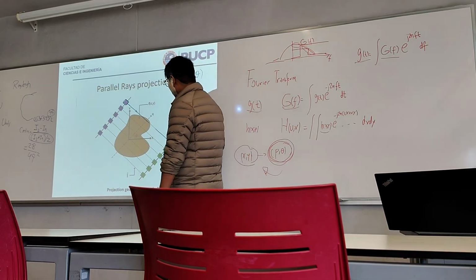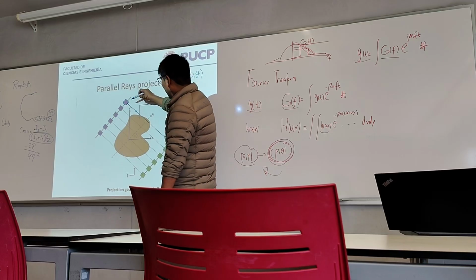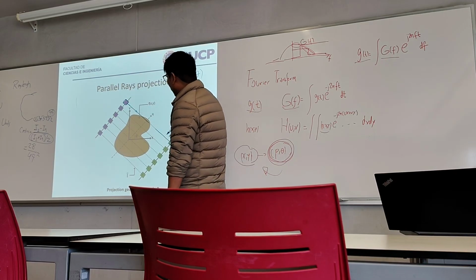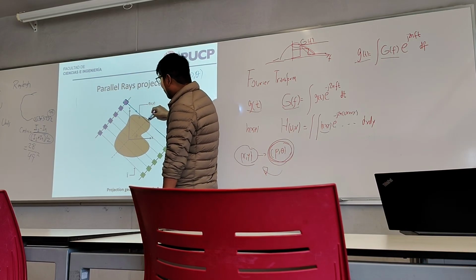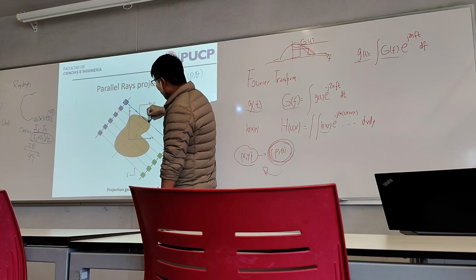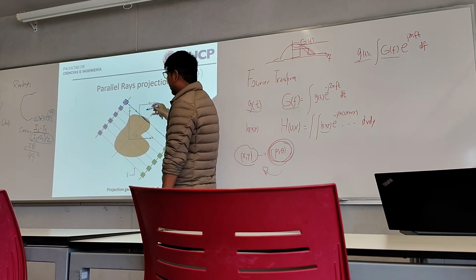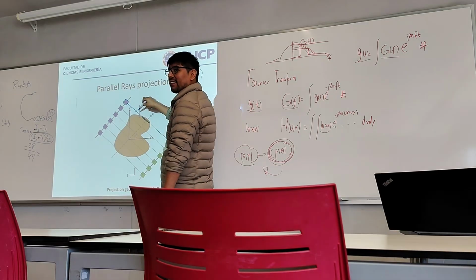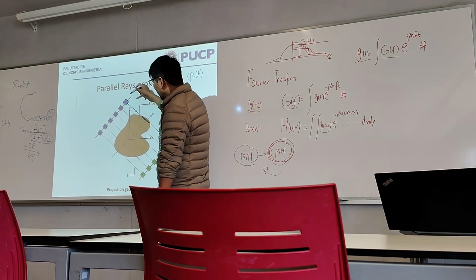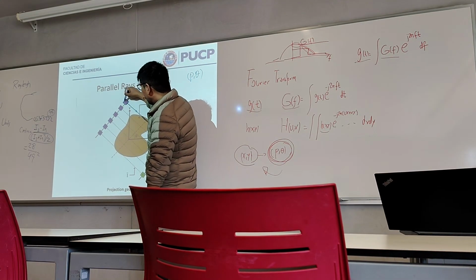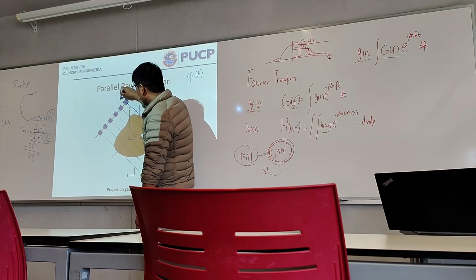If between this source and this detector there was part of the object, that object will attenuate the X-ray intensity from the source. And then this X-ray tube is moved.